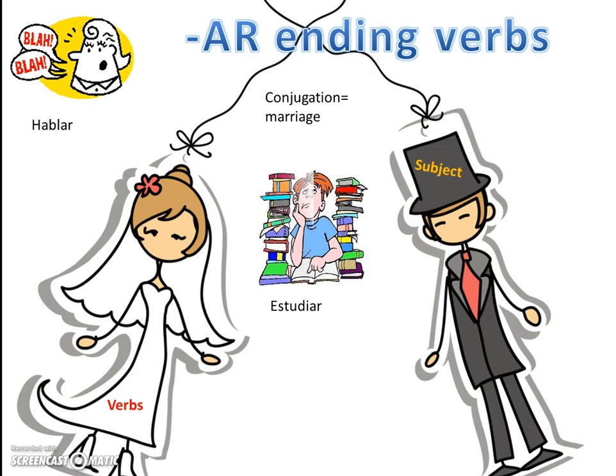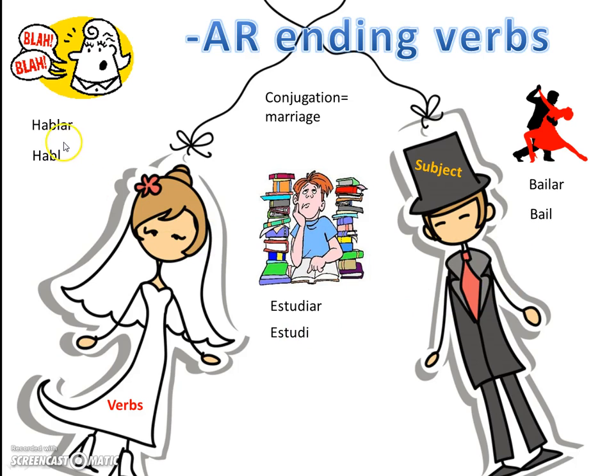And let's look at the verb estudiar, to study. And bailar, to dance. So when the girl gets married, she loses her last name. It goes away. And she takes on the last name of the subject, of the husband.